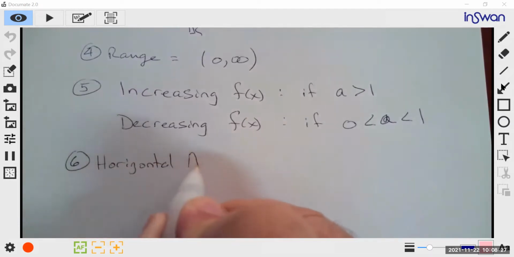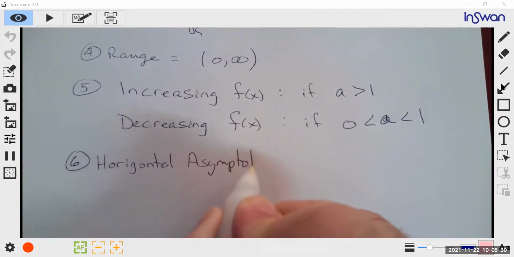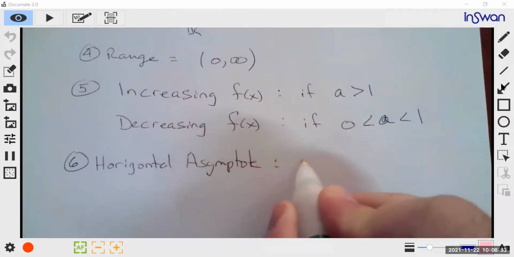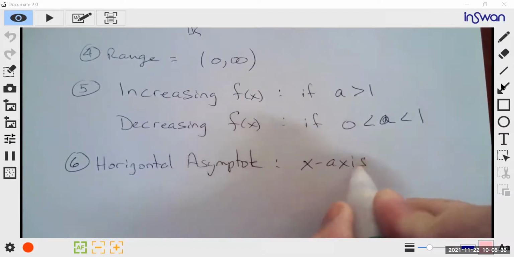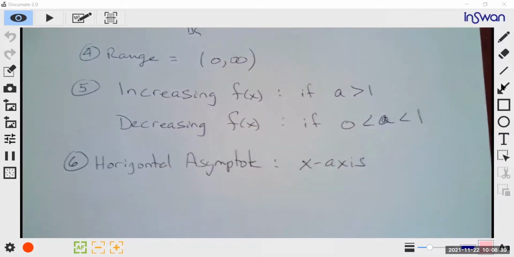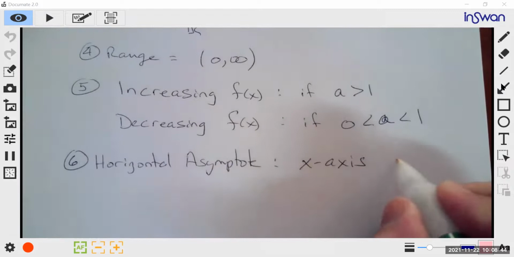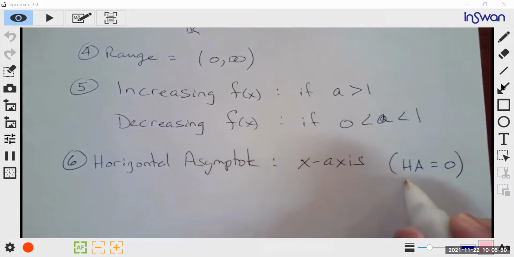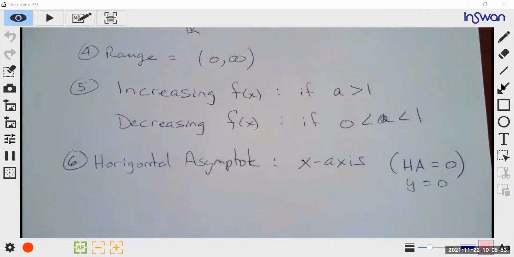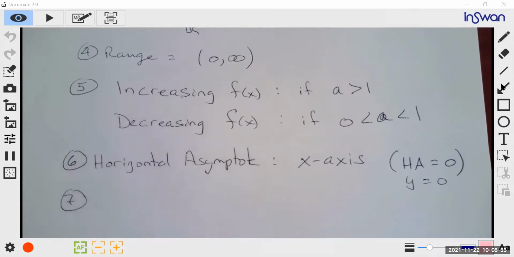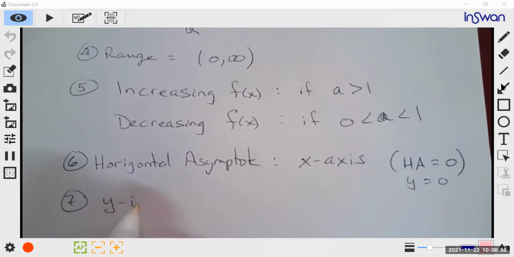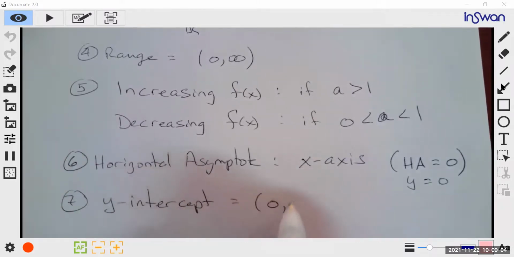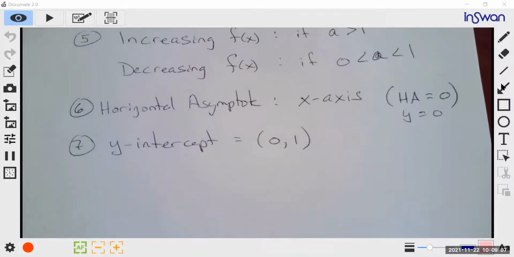The horizontal asymptote is always the x-axis. Well, again, if there are transformations, it'll move, but it's the x-axis. The horizontal asymptote equals 0. So y equals 0. And the last one, the y-intercept is always at 1. y equals 1.